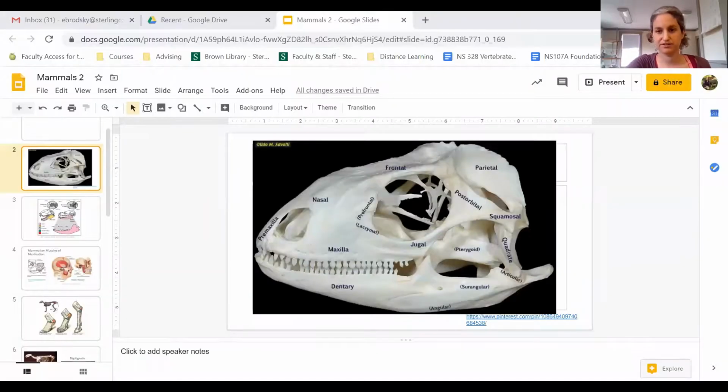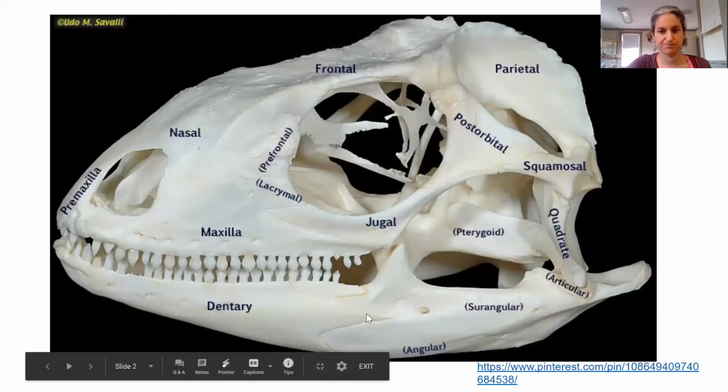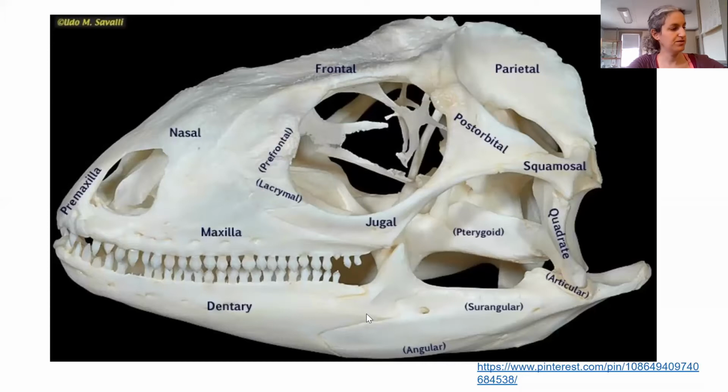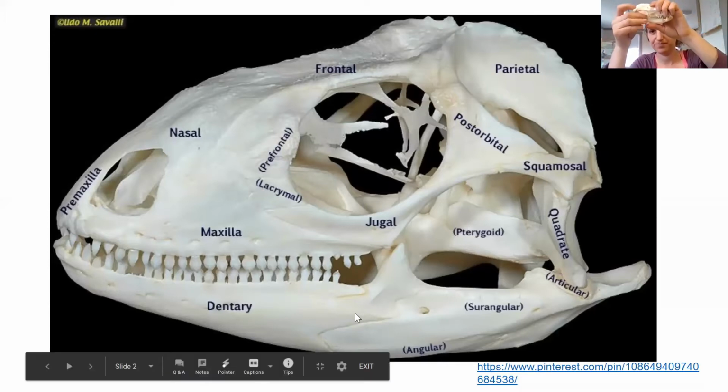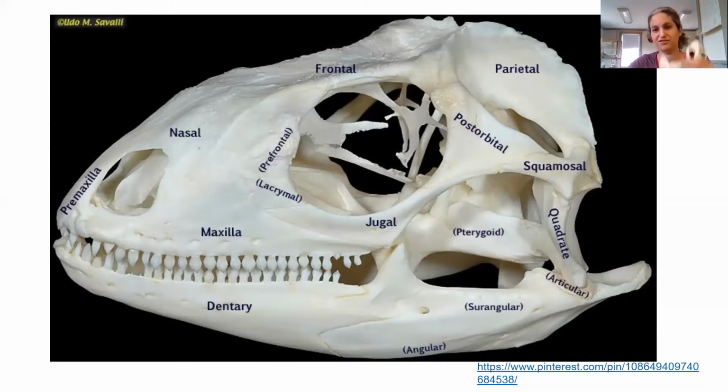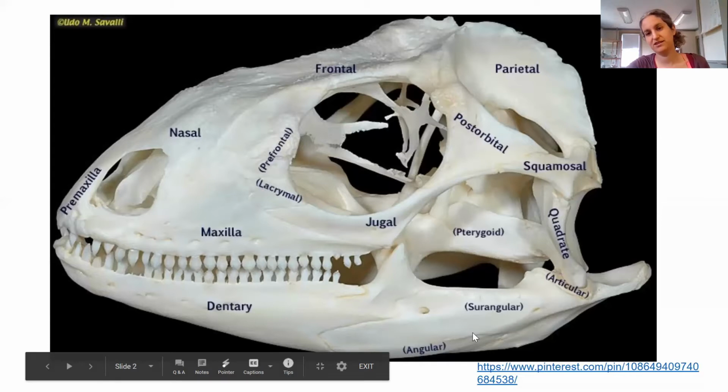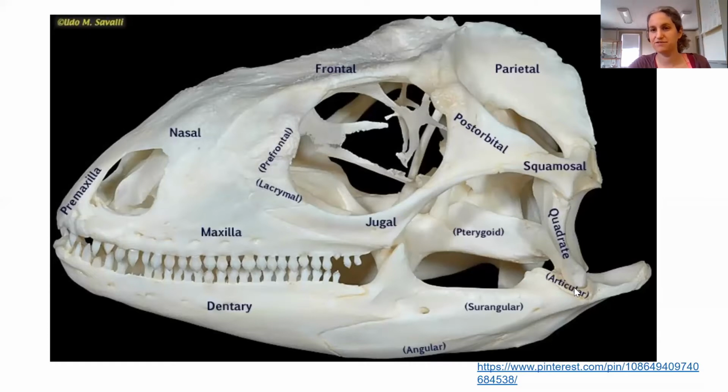So here's our reptile skull, and I'm just going to make this bigger. And what I want to show you is this bone called the dentary bone. And that bone is the same as this entire lower mandible. And so these bones back here, the angular, the surangular, and the articular, they've disappeared. They've gone somewhere.